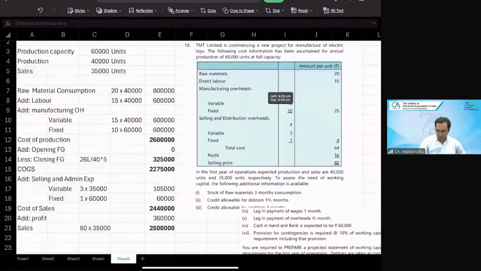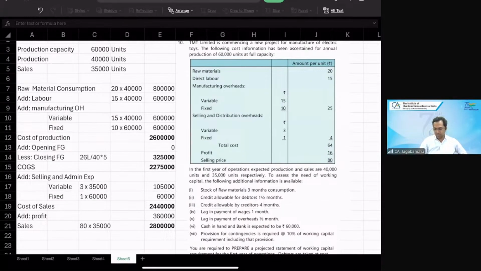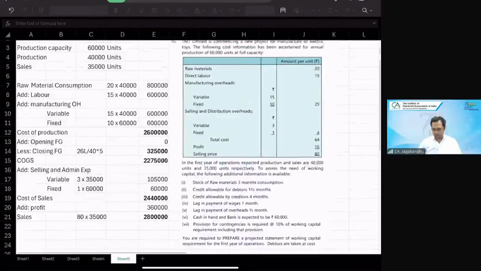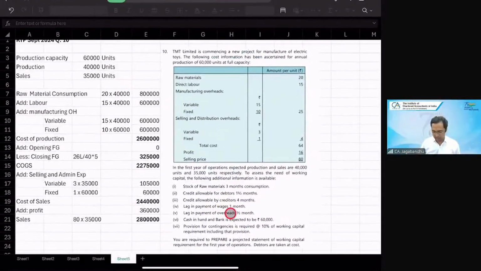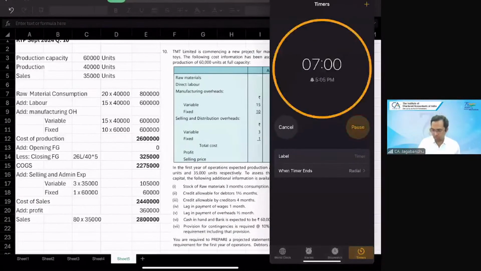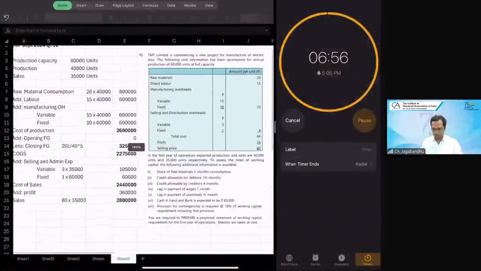Please estimate the working capital, using the same technique which we used for the previous question. You have the operating cycles given over here. I'll give you around the same timing. Estimate the working capital.